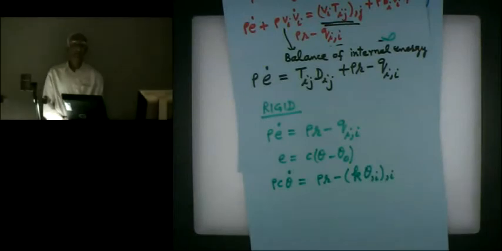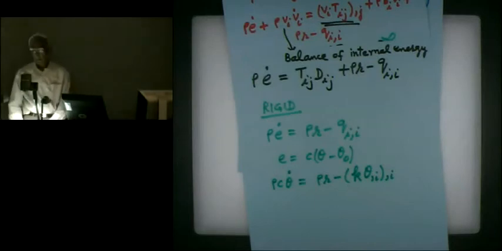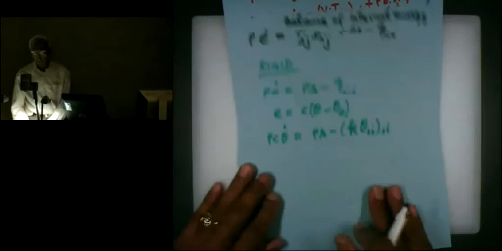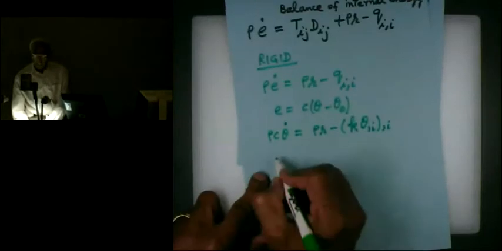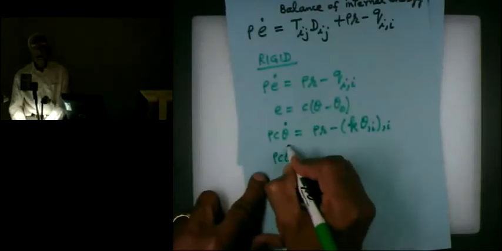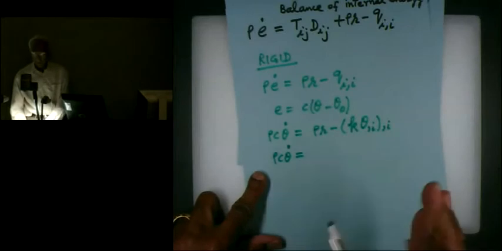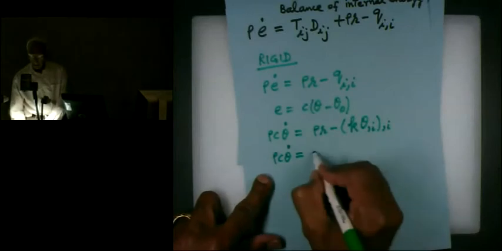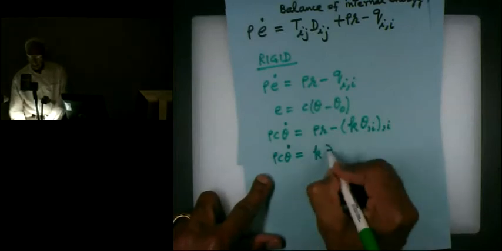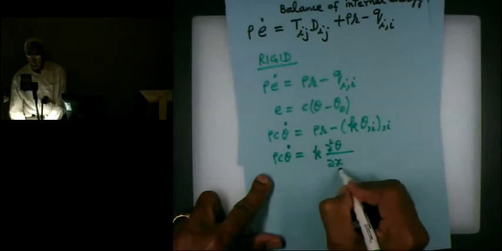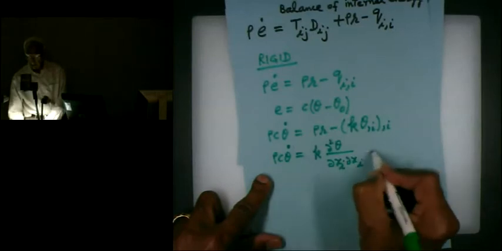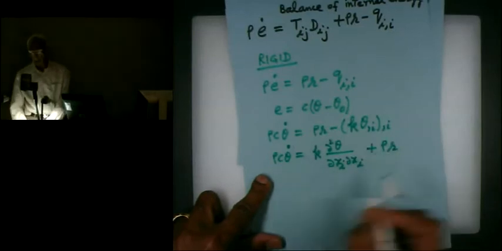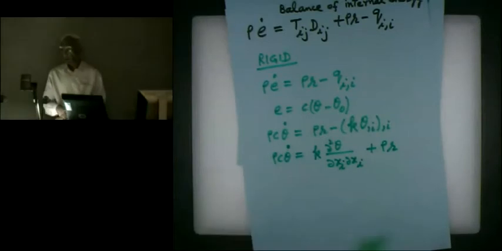And if K is a constant, K comes out, so this thing is K delta square theta over delta x_i squared plus rho R. And after we give the meanings of C and K, we will quit.